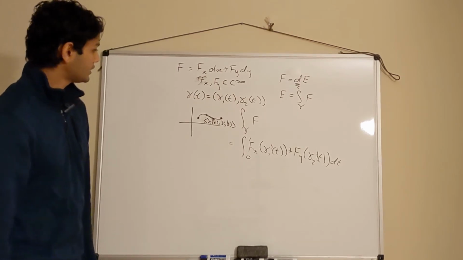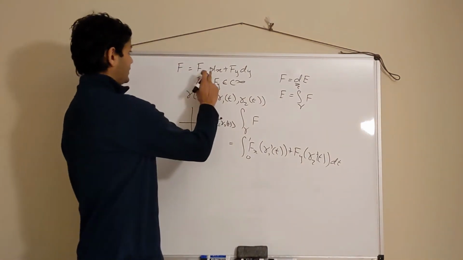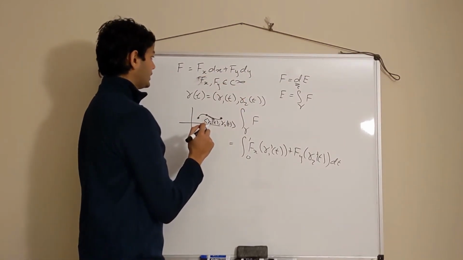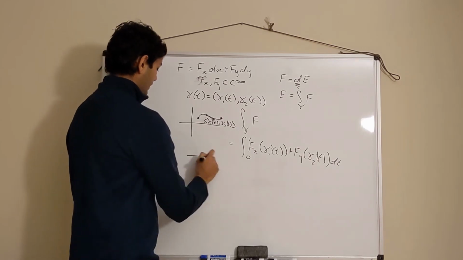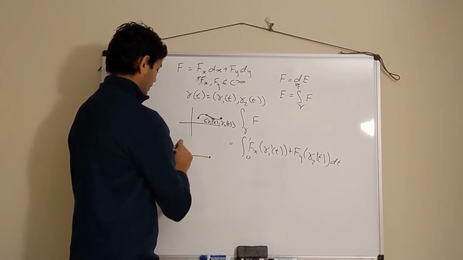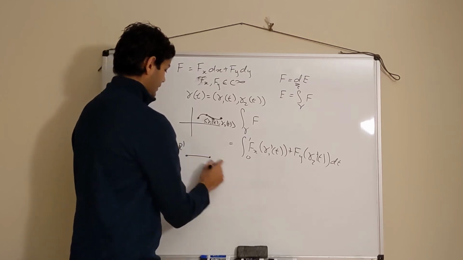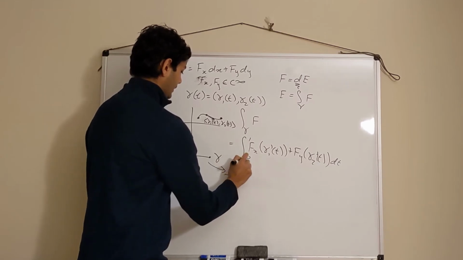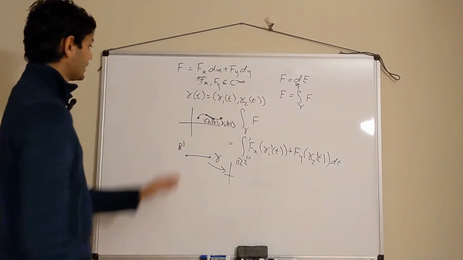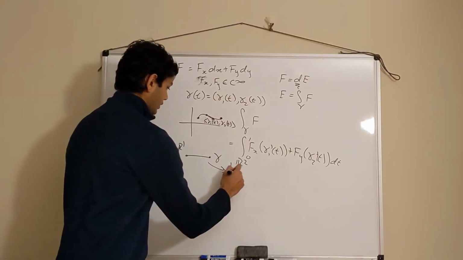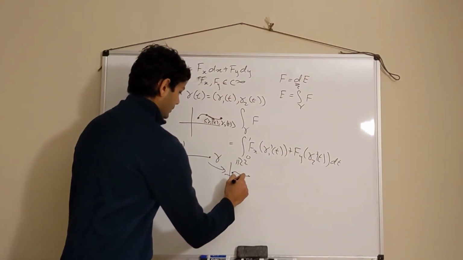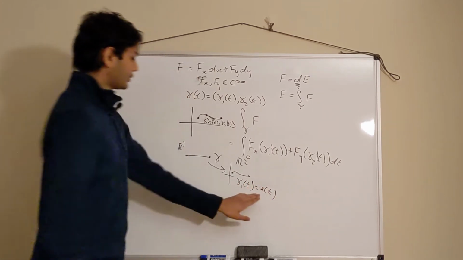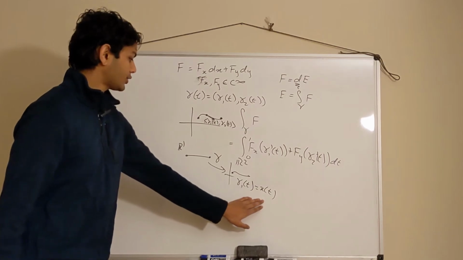Another interpretation you can have is through these dx and dy terms. We can take our path, which looks like R1, and this maps into R2 through gamma. On this function gamma, gamma 1 of t is basically some function x of t, right? It's saying, as t varies, how much does the x coordinate vary?